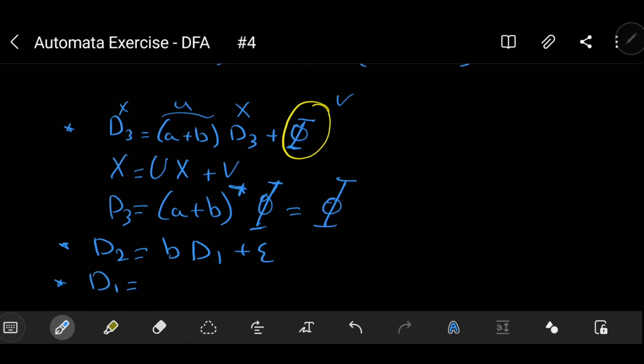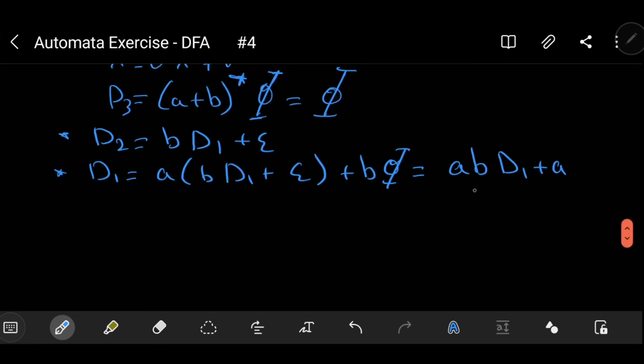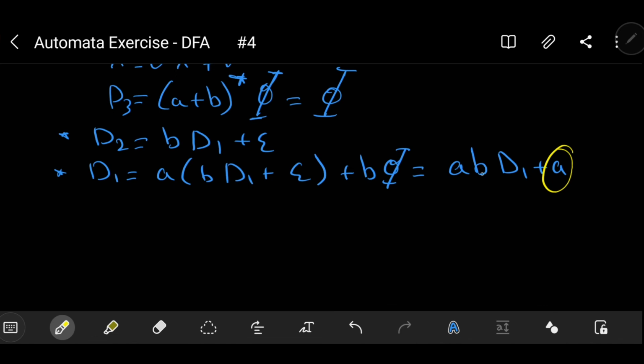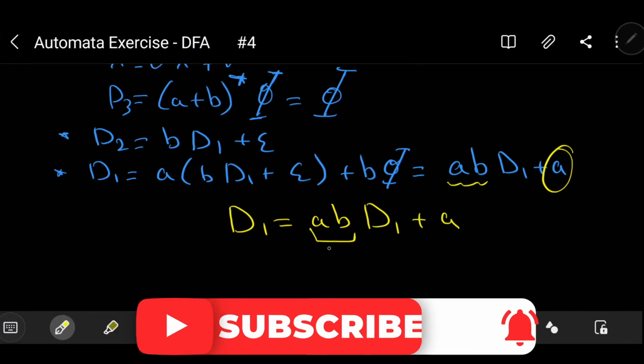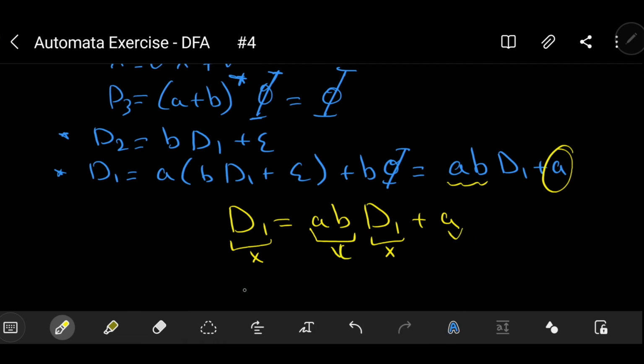Therefore D1 equals A into B D1 plus epsilon plus B phi, equal to A B D1 plus A. Also we apply the formula here: D1 is equal to A B D1 plus A. Here x is D1 and v is A, and U is AB.